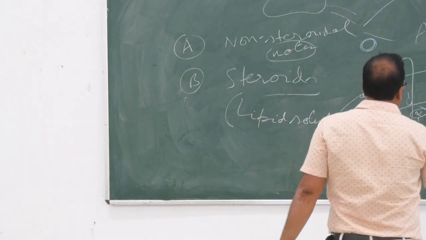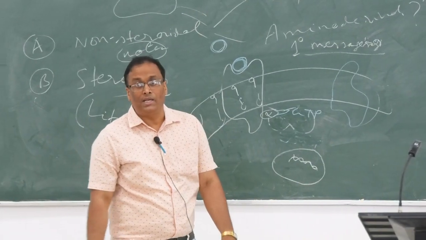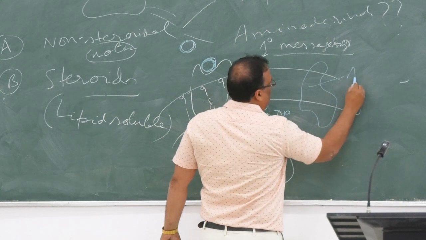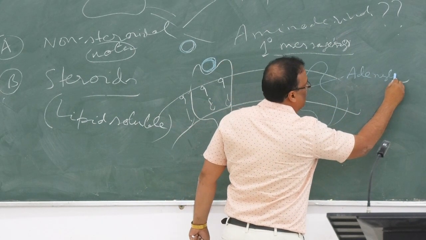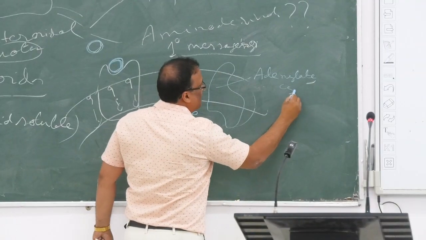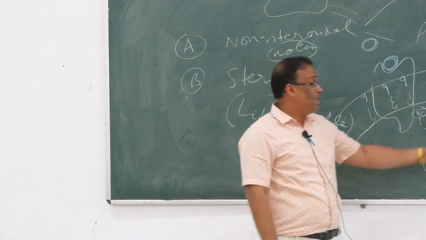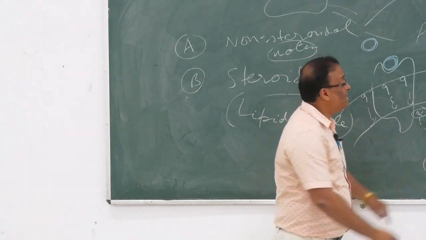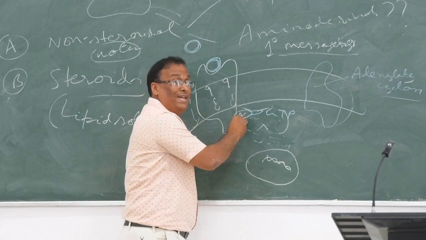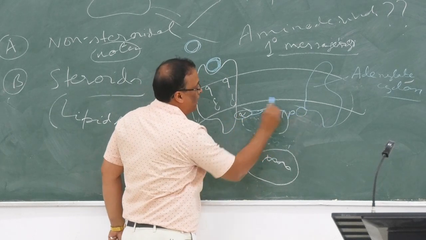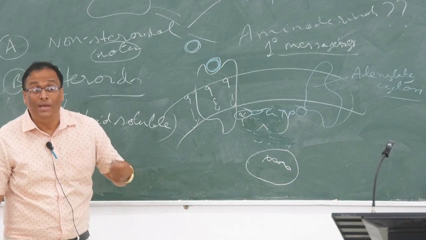Now, in the cell membrane there is an enzyme called adenylate cyclase. Your head may spin a bit, I know. Many books write adenyl or adenylate cyclase. It's an enzyme, a protein present in the membrane, activated by this alpha subunit of the G protein bound to GTP. What happens? This enzyme, adenylate cyclase, will be activated.